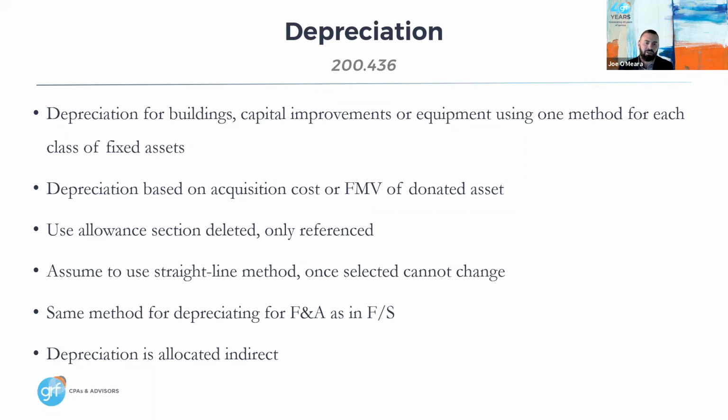You can't pick and choose based on each asset how you want to depreciate the asset. So the federal government expects that you're being consistent with how you're depreciating things for financial statement purposes. And typically depreciation is allocated indirectly.